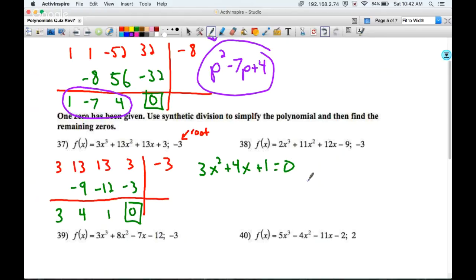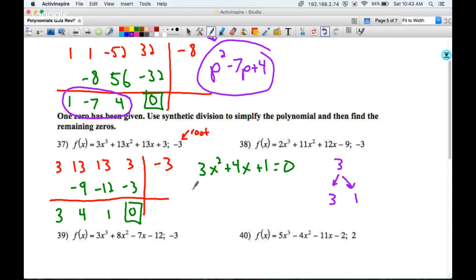Now, hopefully we remember our unit on quadratics, because to factor this, I need to do factoring by grouping. It's a very easy case of that, but we still have to do it. So 3 times 1 is 3. I need to split 3 into factors that add up to 4. Those factors are going to be a 3 and a 1.